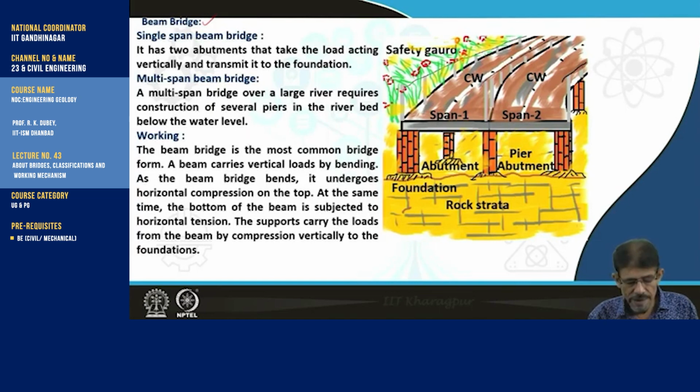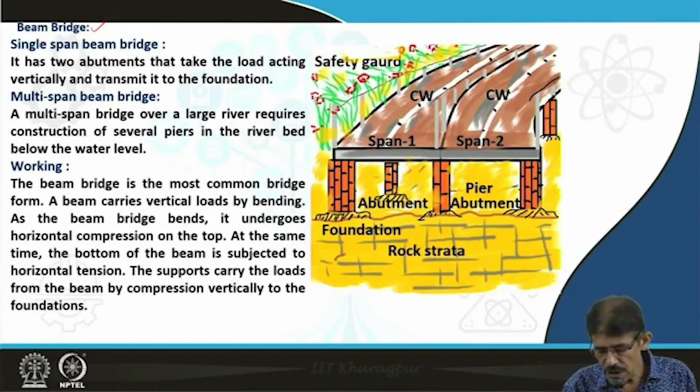As the name indicates, it is simply a beam structure supported by pillars or piers and abutments. It is generally made up of concrete, but in old times people also utilized iron girders and others to make such a structure as a beam bridge.